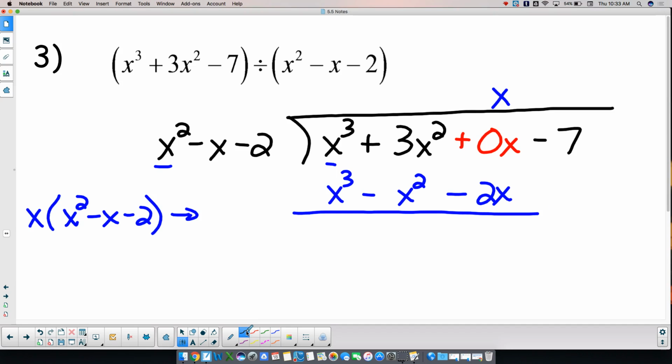Now, instead of changing two signs, I've got to change all the signs. Still drop stuff down the same.